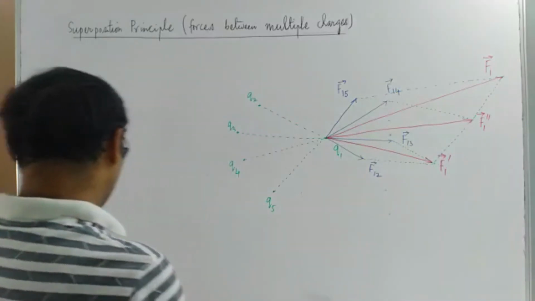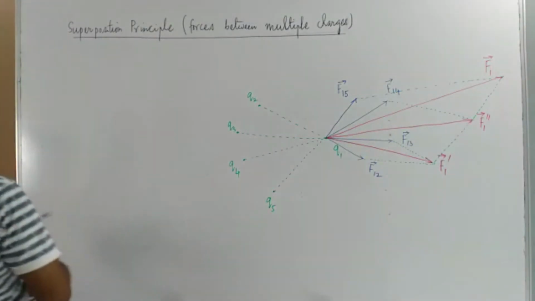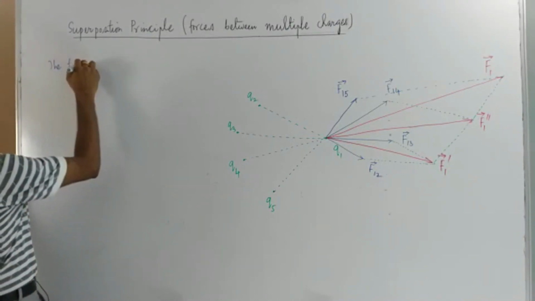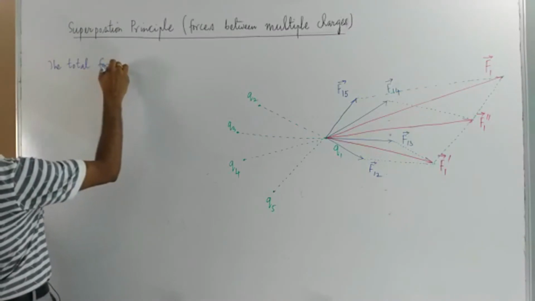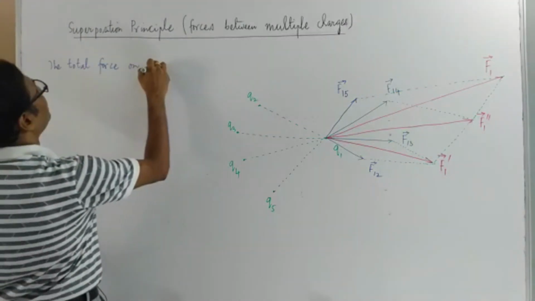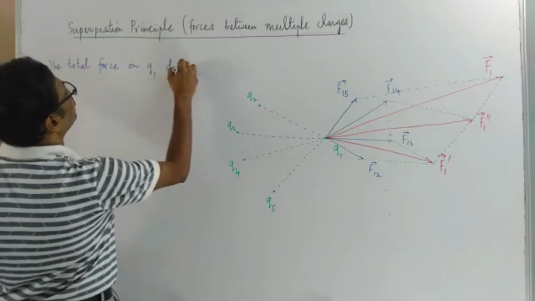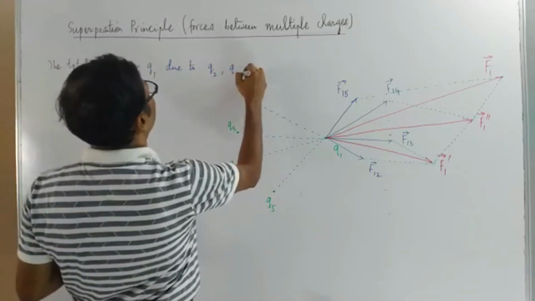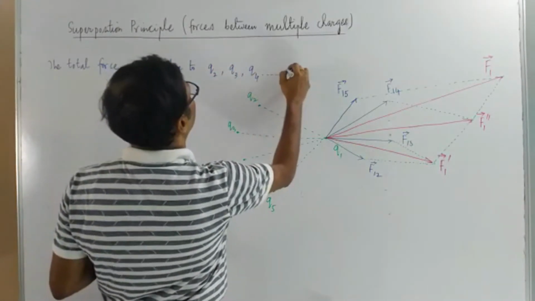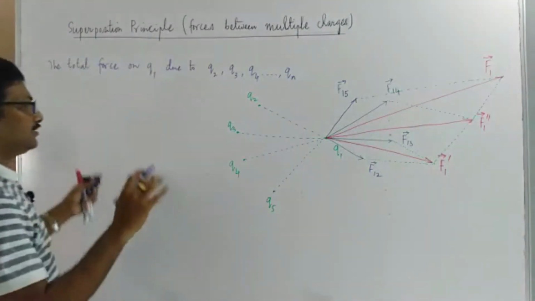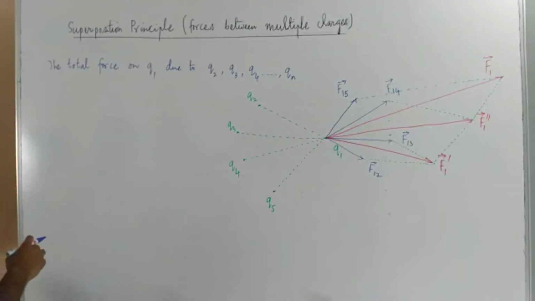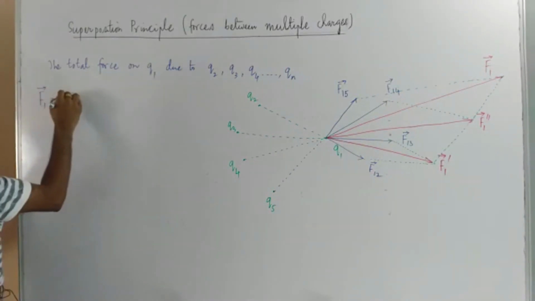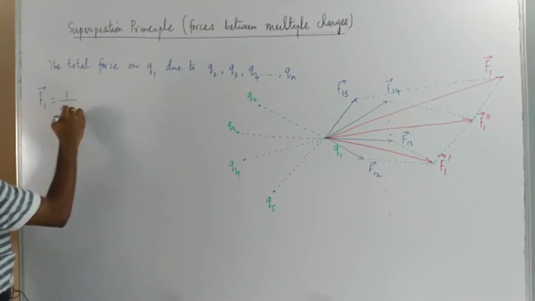So finally we can now say that the total force on Q1 due to Q2, Q3, Q4, say you have n number of charges, a system of n charges, then that should be represented as F1 is equal to 1 by 4 pi epsilon 0.